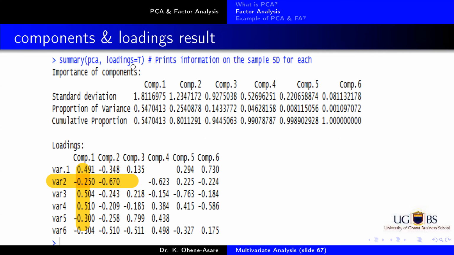Comp 1 and Comp 2. Okay, I guess you're all right. Looking at the standard deviation, it would have been Comp 1 and Comp 2 because the standard deviations are greater than 1. So it's Comp 1 and Comp 2. Okay. That is the first criterion, the first approach.